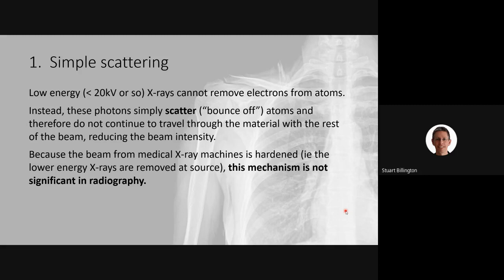So in actual fact, although you are expected to know about simple scattering, it's more important that you can make the point to the examiner, if ever invited to do so, that actually simple scattering is not relevant in radiography, because we should have hardened the beam and there shouldn't be any low energy X-rays in the patient.